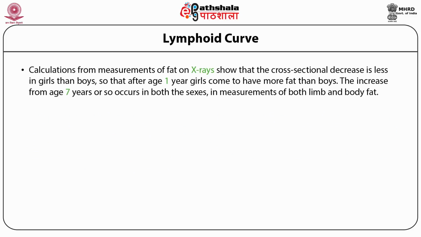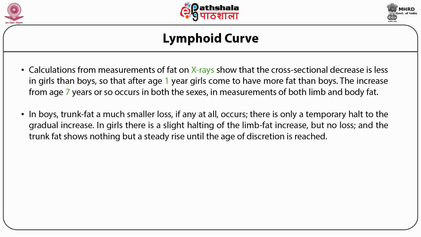Calculations from the measurements of fat on X-ray show that the cross-sectional decrease is less in girls than in boys. So, after age 1 year, girls come to have more fat than boys. The increase from age 7 years or so occurs in both sexes in measurements of both limb and body fat. At adolescence, however, the limb fat in boys decreases and is not gained back until the age of about 20 years.